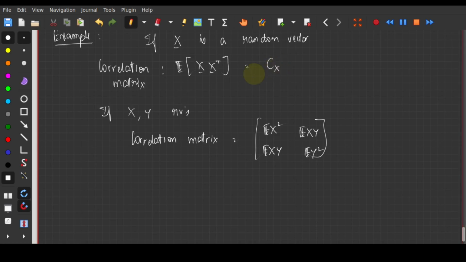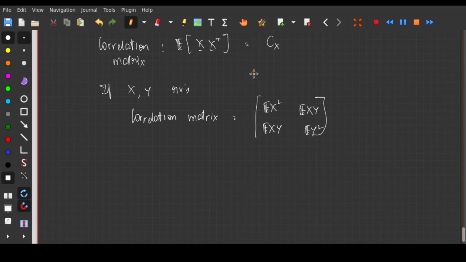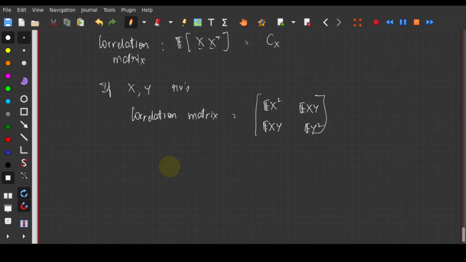If Cx is positive semi-definite, then what should happen? If I take any vector u, then u transpose Cx u should be greater than or equal to 0 for all vectors u.